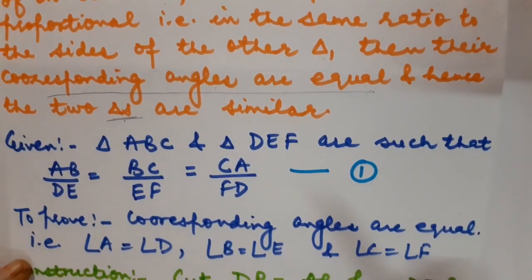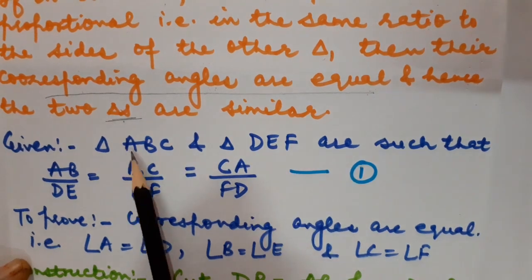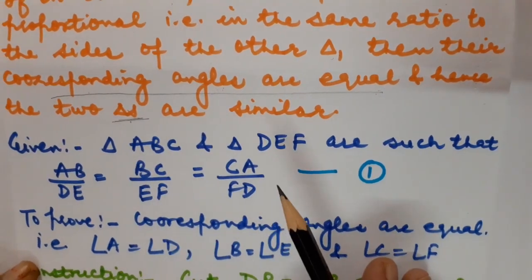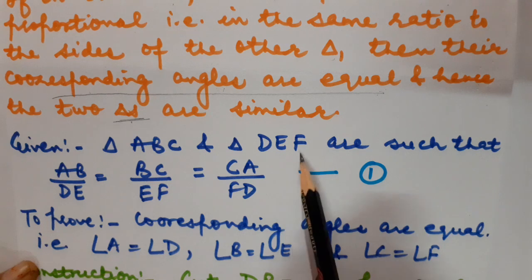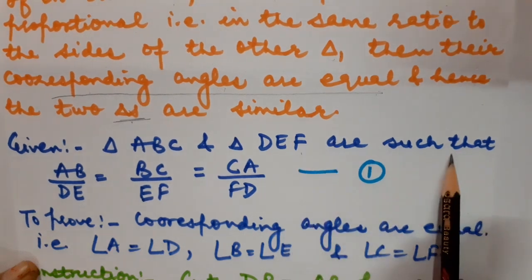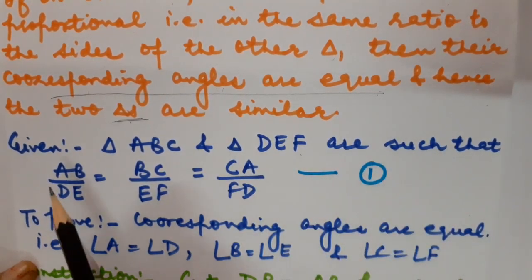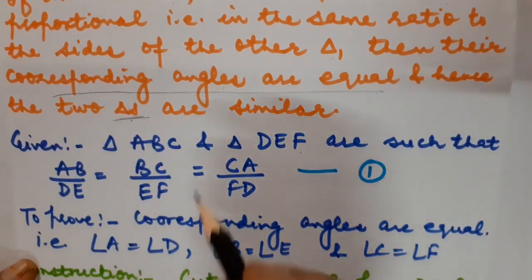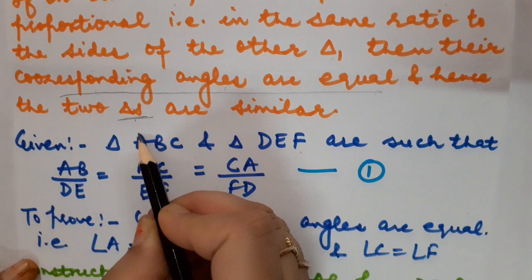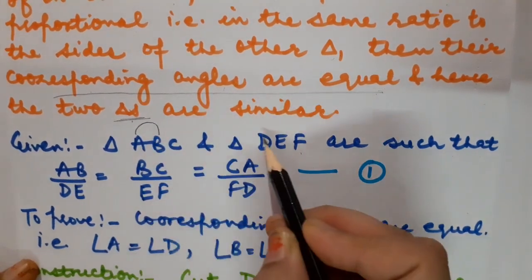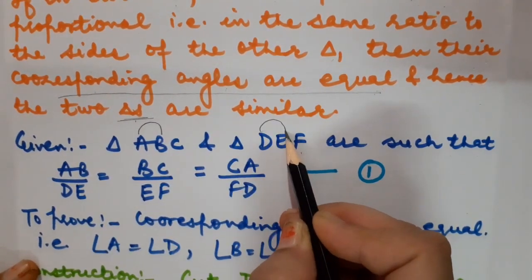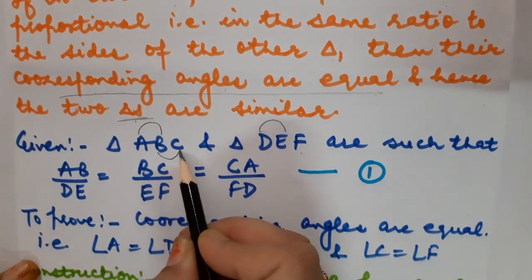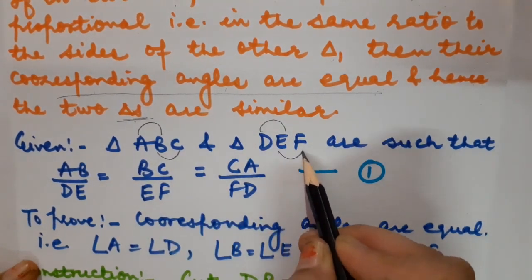First of all, what is given? We will be having two triangles given, triangle ABC and triangle DEF, such that the ratio of the corresponding sides is given. How to take the corresponding side, children? If here I take AB, there I have to take DE. Here I take BC, so here I have to take EF.